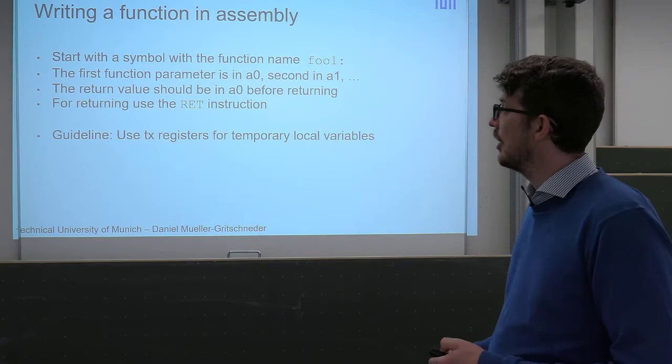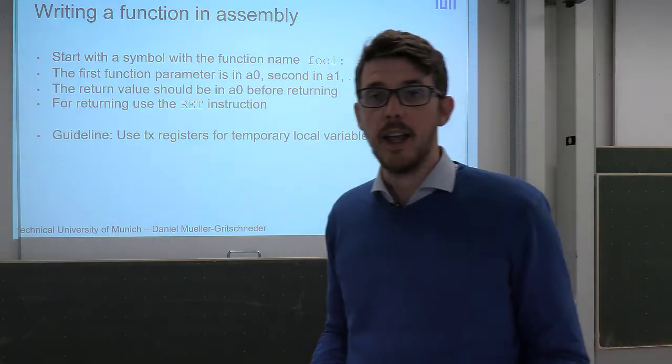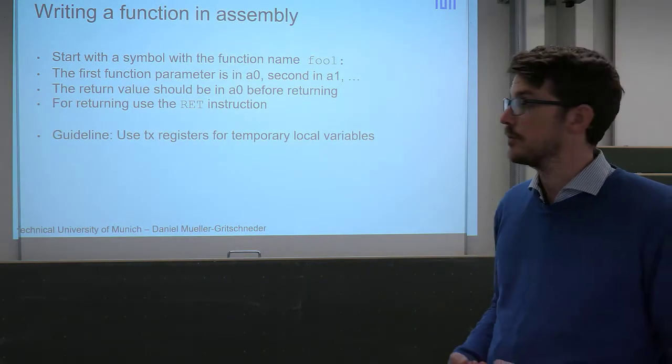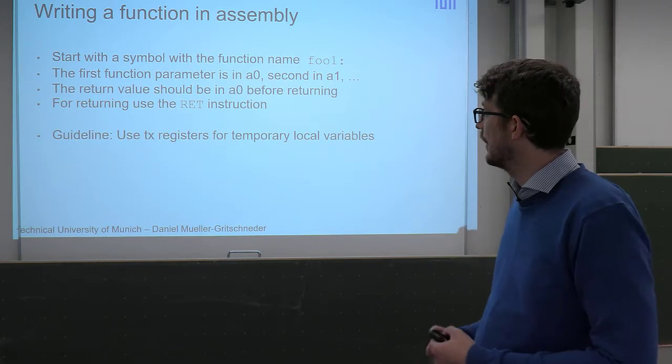And then we know that in the registers which have an ABI name starting with A, we find the function parameters. We find the first one in A0, the second one in A1, and so on.